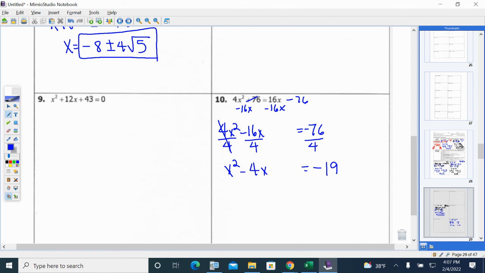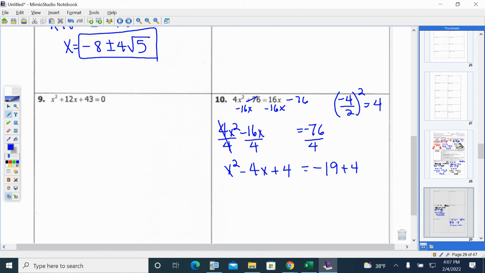Okay, so at this point, we're going to try to complete the square. So that's b over 2 squared. Negative 4 divided by 2 is negative 2. Squared is 4. So we're going to add 4 to both sides.